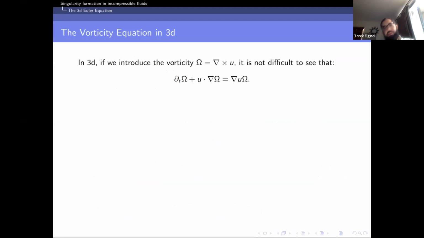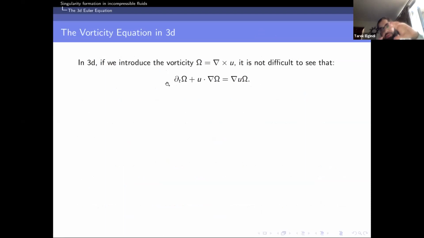So let me discuss the analogous issues in 3D. In 3D, I'm using the same variable capital omega for the vorticity now. So this is really the curl of the velocity rather than the gradient perp of the vorticity. And it satisfies, again, this type of equation.